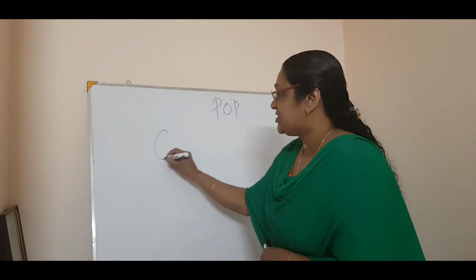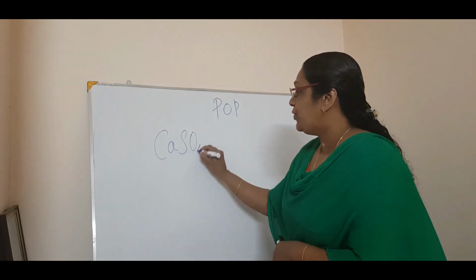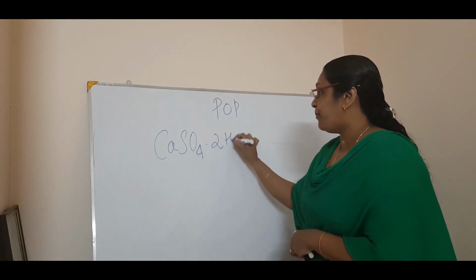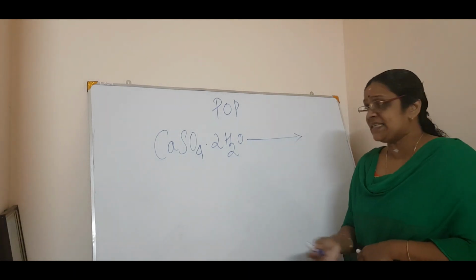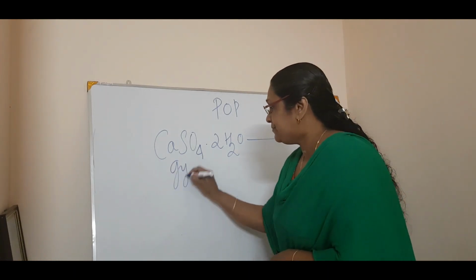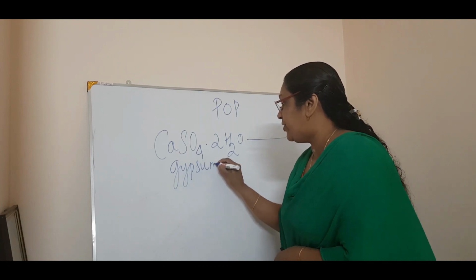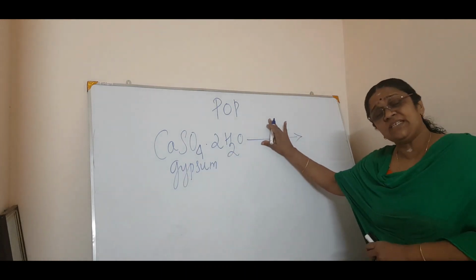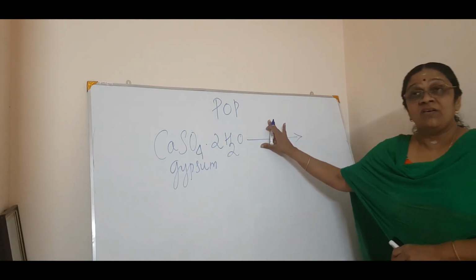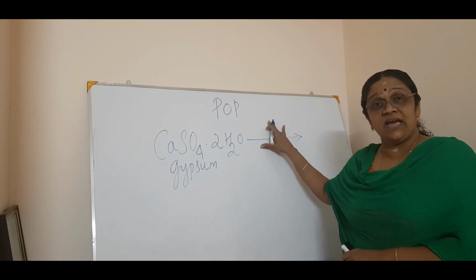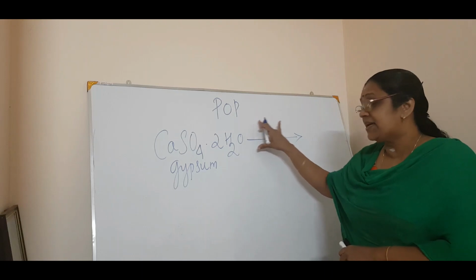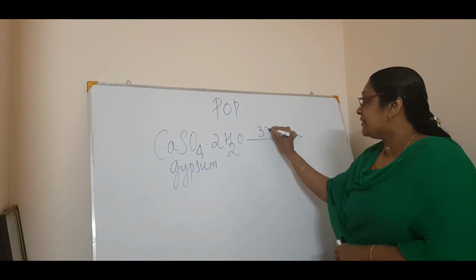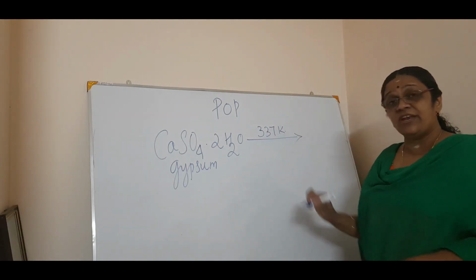Now the preparation. As I have told you, you can prepare plaster of Paris from gypsum. Very important question for the board exam. Gypsum is calcium sulfate dot 2 H2O and the temperature is very important. See, while we were studying chemical equations, we said that conditions are necessary for a balanced equation. Here the condition applies, that is 337 Kelvin, very important.